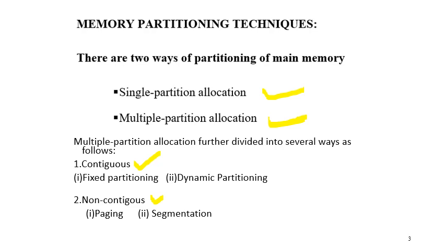Next is segmentation, which is also a memory management technique. Each job is divided into several segments of different sizes, one for each module that contains pieces that perform related functions. Each segment is a different logical address space of the program.